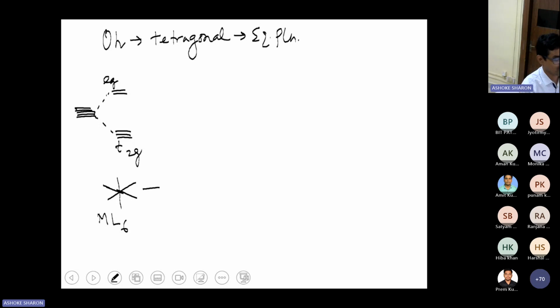So in the next case, what happens when the axial bonds, in this case we are considering they are elongated? A stretching takes place.